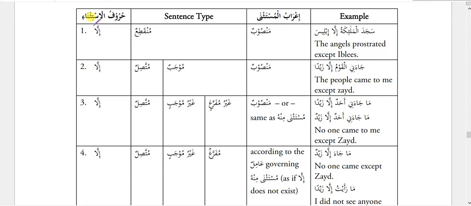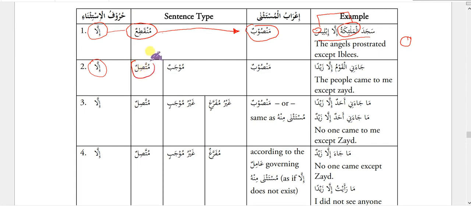If illa as a harf istisna is used in munqati', meaning when the mustasna is not a part of mustasna minhu, the i'rab of mustasna will be mansub. For example, sajada al-malaikatu illa Iblis, here mustasna was never a part of mustasna minhu, so its i'rab will be with fatha on it. That's the first case. Second case, again illa used as a harf istisna.